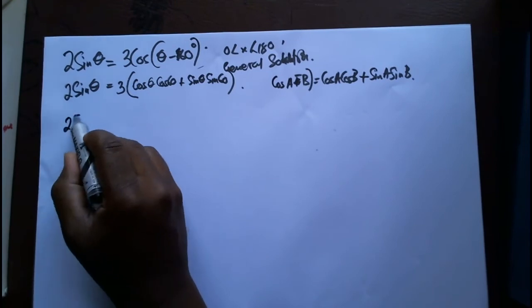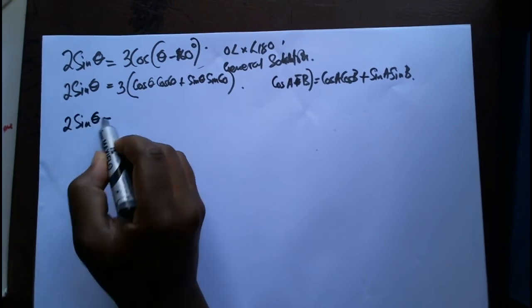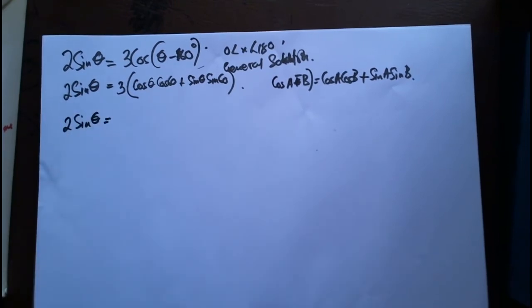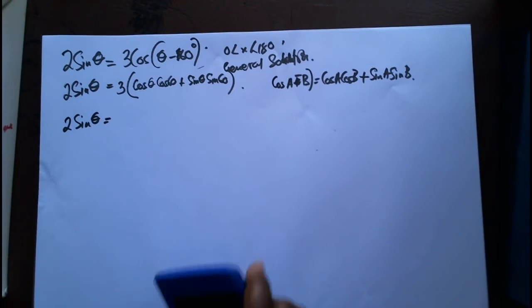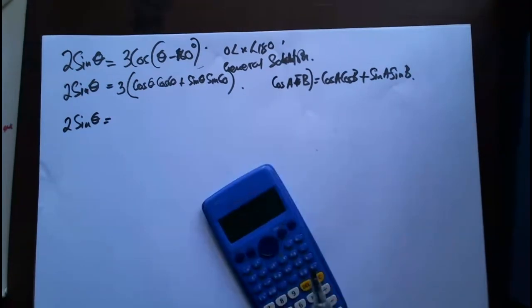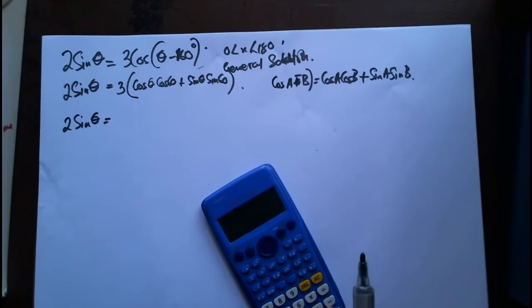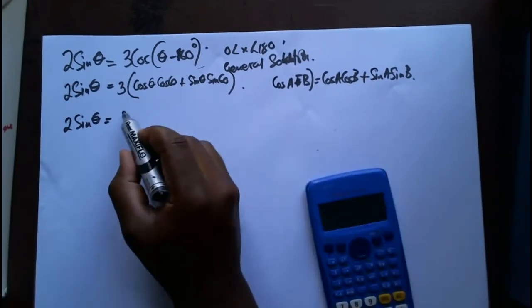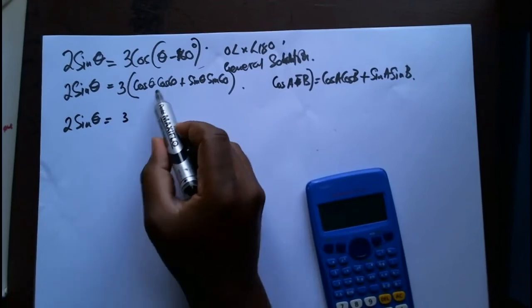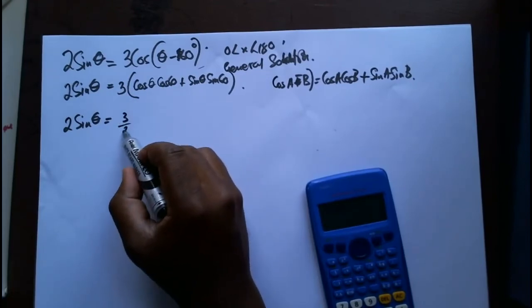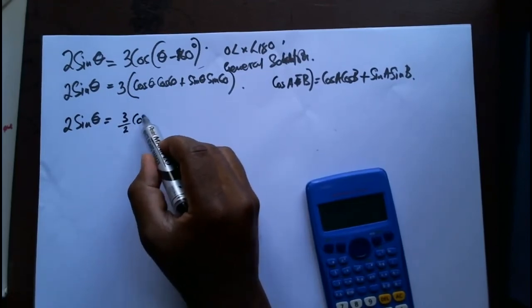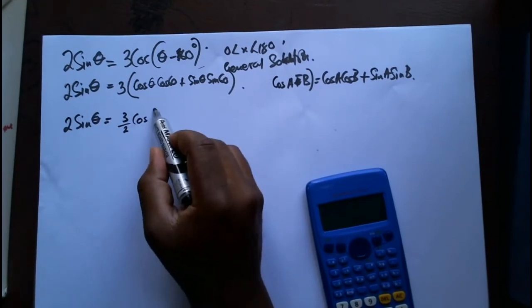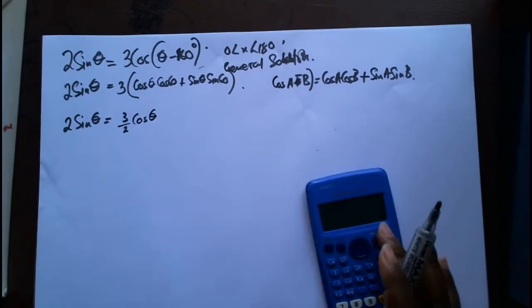So 2 sine theta is equal to... what is cos 60? We can go onto our calculator and punch cos 60. So cos 60 is equal to half. So this becomes 3 times half, which is 3 over 2 cos theta. And here, what is sine 60?